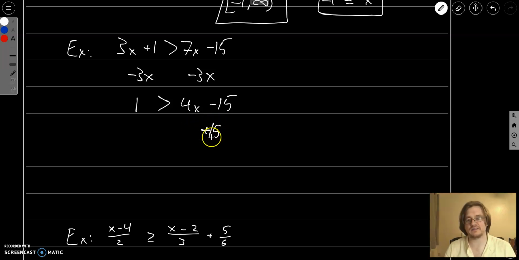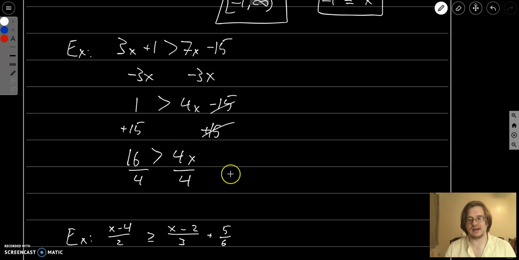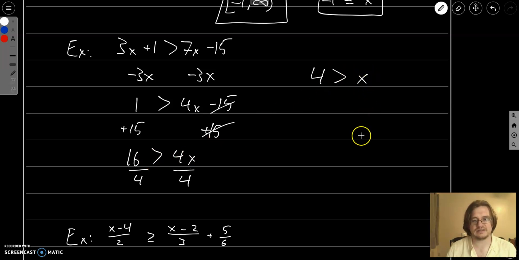Here I'll add 15 to both sides. These guys will cancel, and I'll be left with 16 is greater than 4x. Again, I want to cancel out that 4, so I'll divide by 4, and I'll have 4 is greater than x.